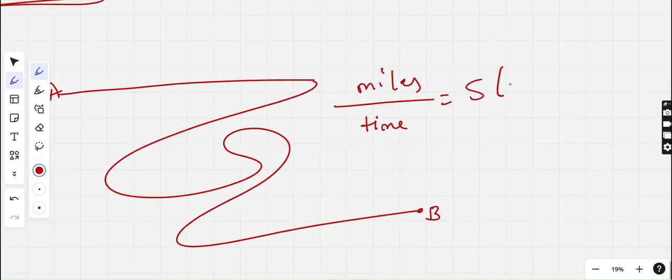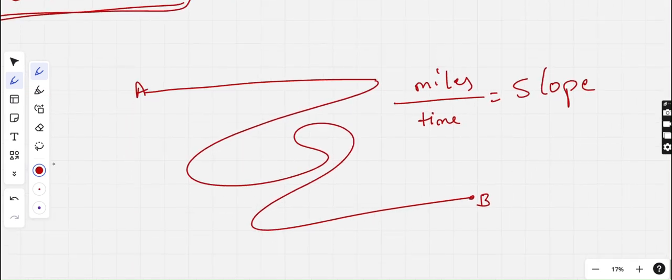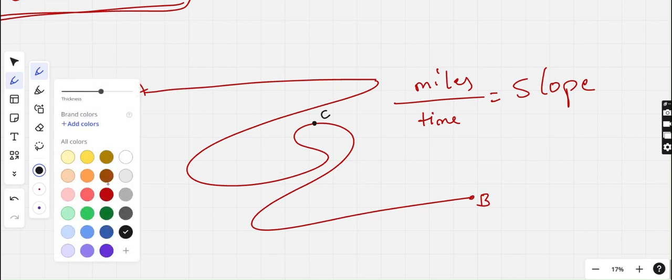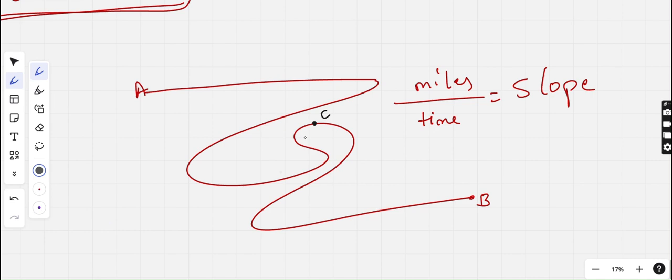But imagine you're going through this curve again, and let's say at a point C, you are holding your steering wheel. At this point, you're going to have a tangent that says, without even taking a turn, if you leave it as it is, what is the direction that your car is going to take? If you leave it as it is, your car is going to move this way, right?